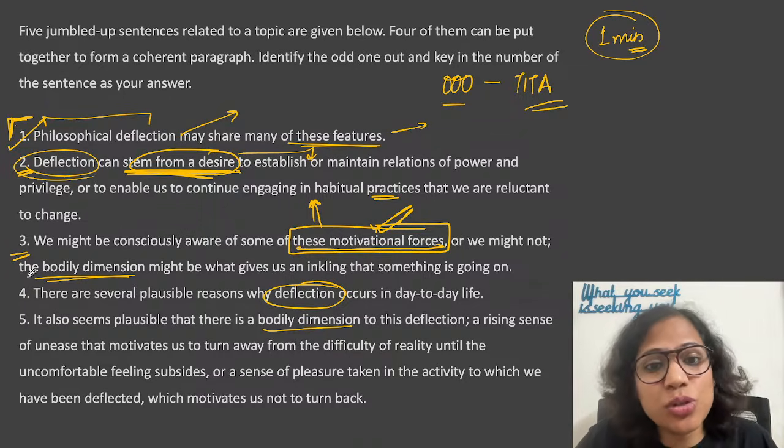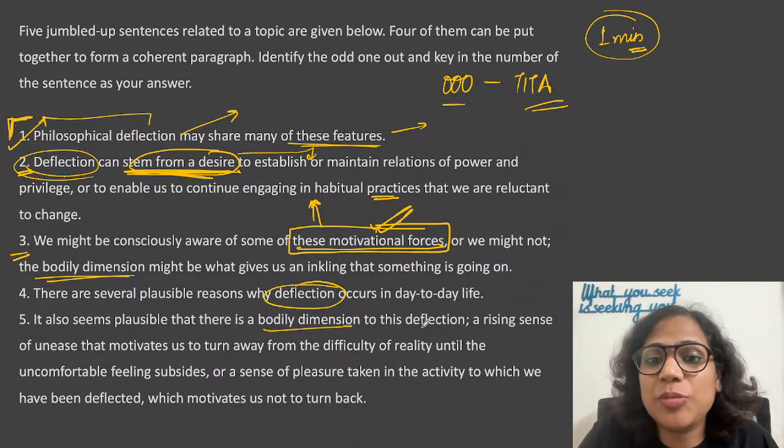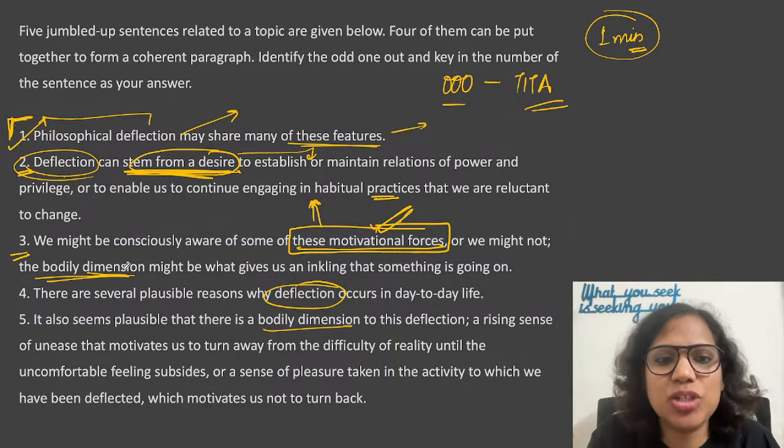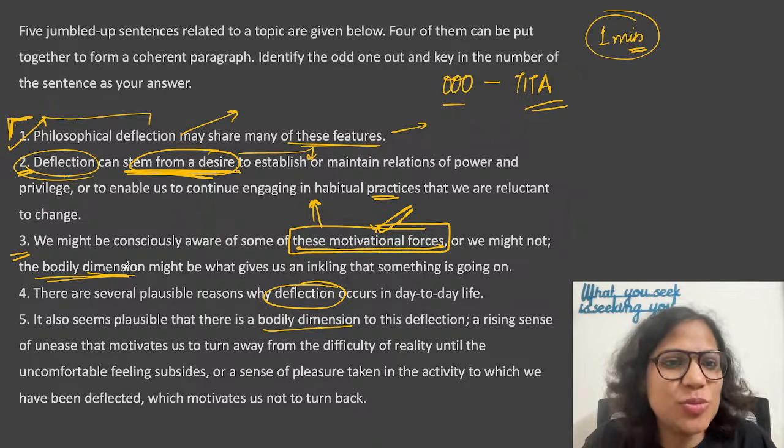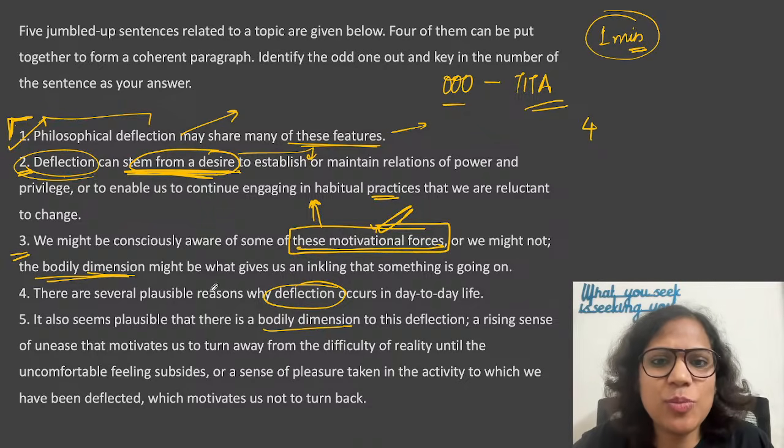Okay, it also seems plausible that there is a bodily dimension to this deflection. So these motivational forces, we might not be aware of them, but the bodily dimension might be what gives us an inkling that something is going on, right? So now I have actually made a sequence. No, 2, 4, 3, 5 is not the sequence. Look, there are several plausible reasons why deflection occurs in day-to-day life.